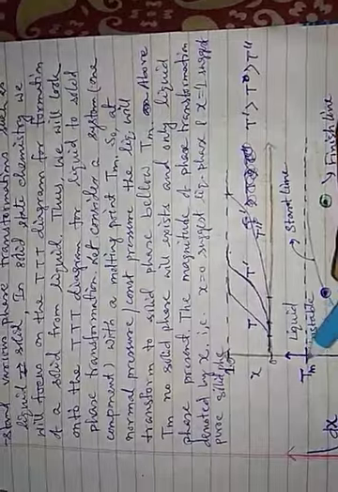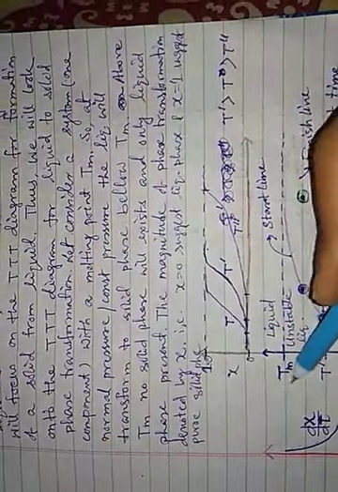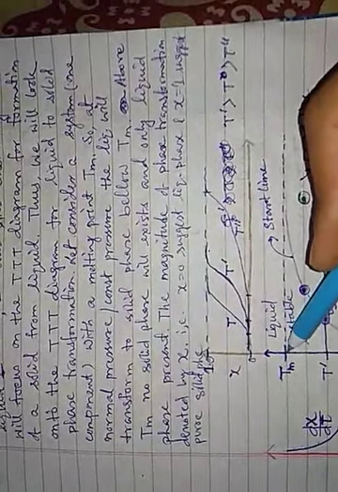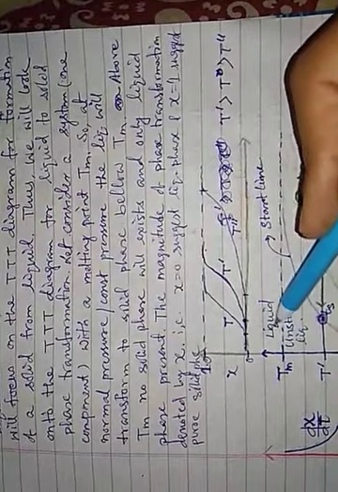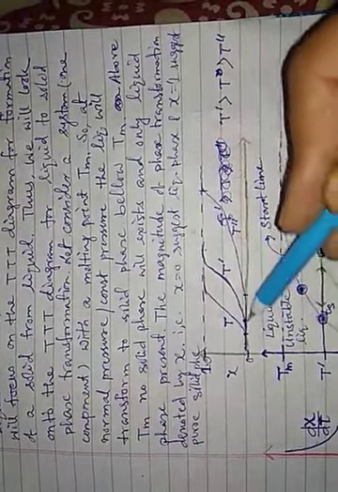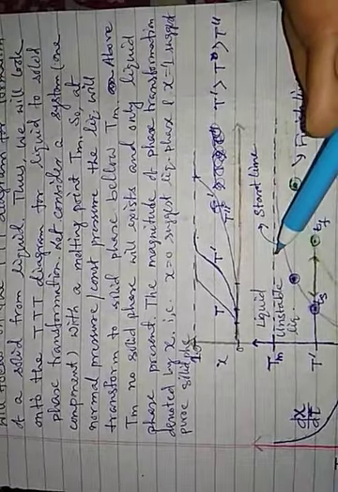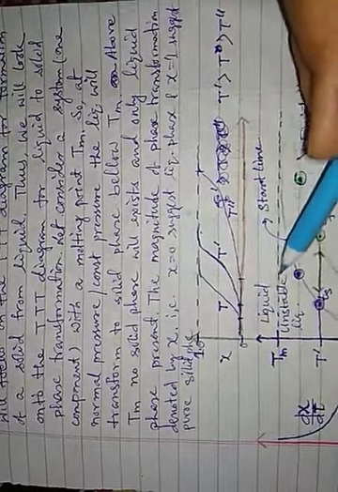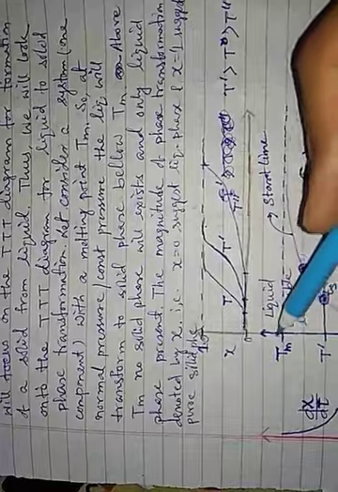Tm is the melting point of the solid, and above Tm the material is present in liquid form. Below this temperature there will be some solid, but we cannot say that all the liquid will transform to solid below its melting point.